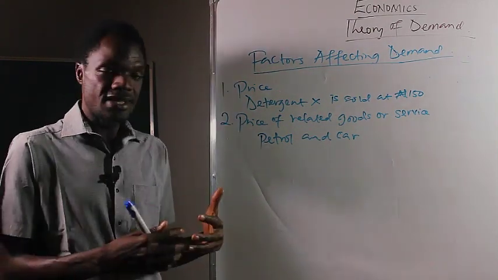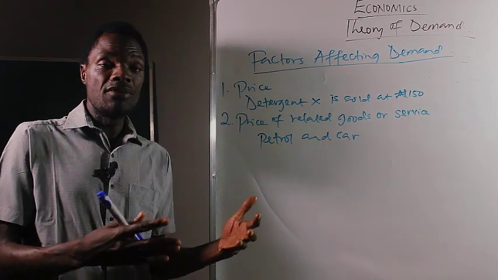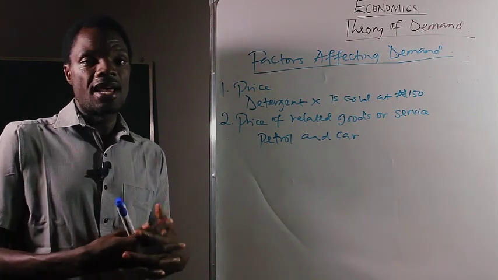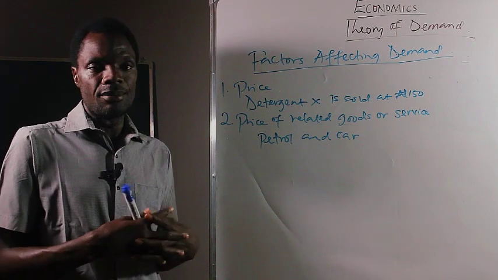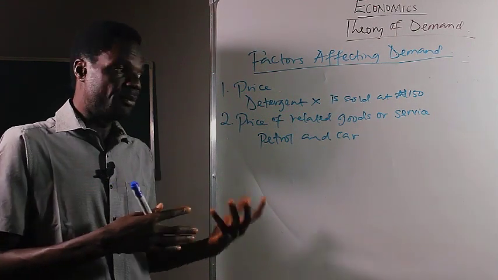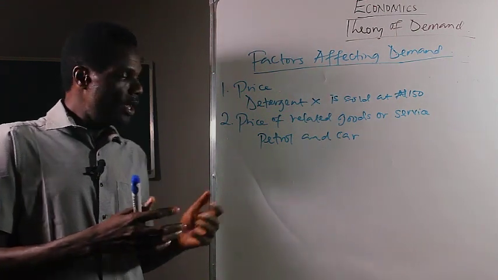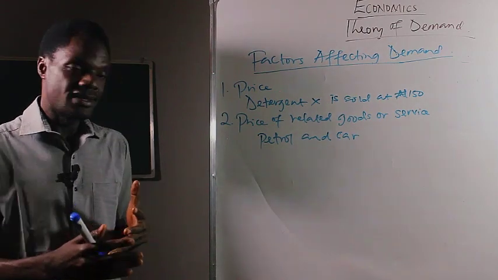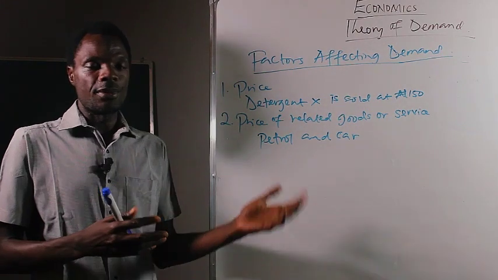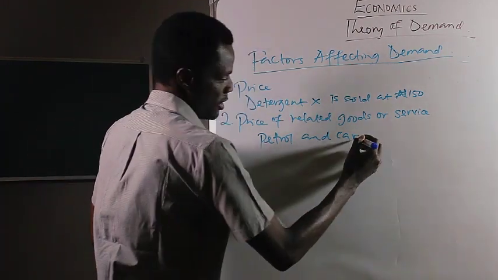So therefore they will decide even not to buy the car, or even if they have one, they may even decide to sell it and buy another thing. For example, they may buy a motorcycle or any other goods that uses petrol apart from car. It can be a motorcycle.